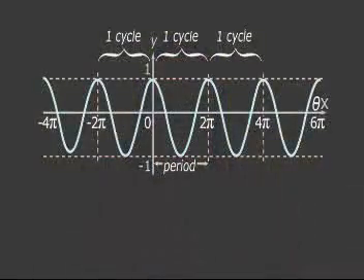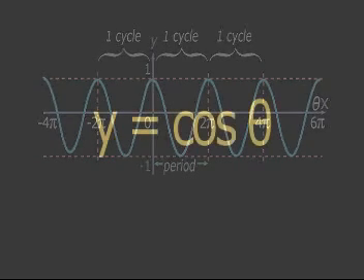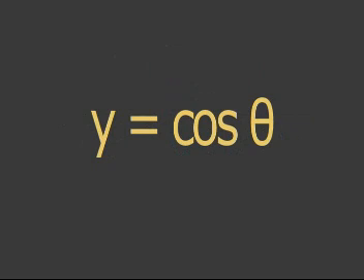So, what is the domain and range of y equals cosine theta? Well, we remember from the last lesson that the domain of the sine function is the set of all real numbers that allow the function formula to work.